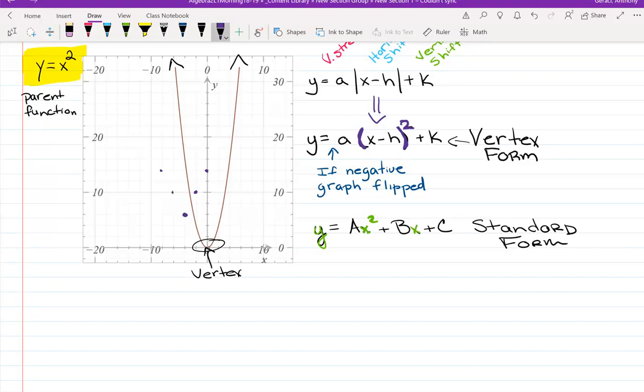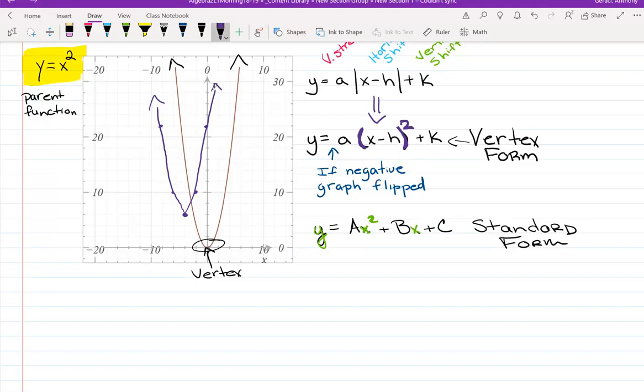If I go 2 over, I should go 7 up. Okay, that's where that one should go. Boom. Okay, there we go. So now I graph this one.